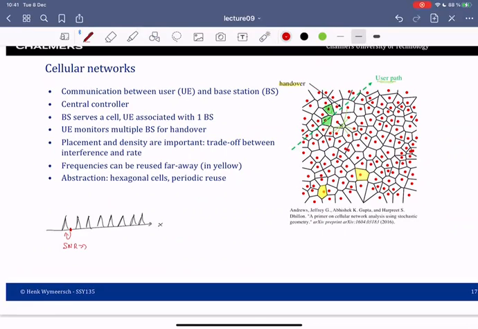On the other hand, there will be many other base stations that are interfering with him. So this then means that the interference will also be really large. And if you don't have good coordination of these transmissions, that then implies that the SINR will be small, which then leads to poor performance, poor rate.